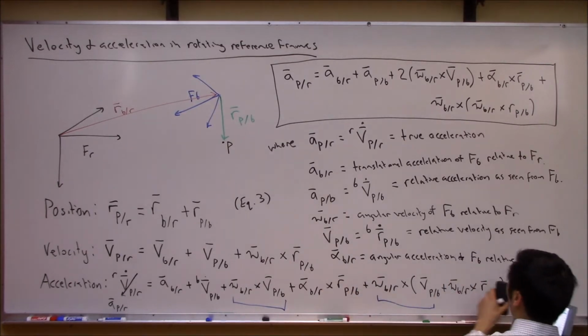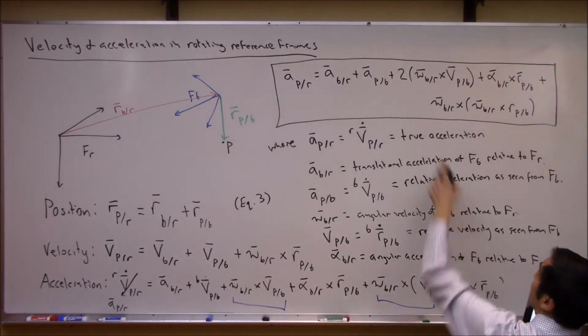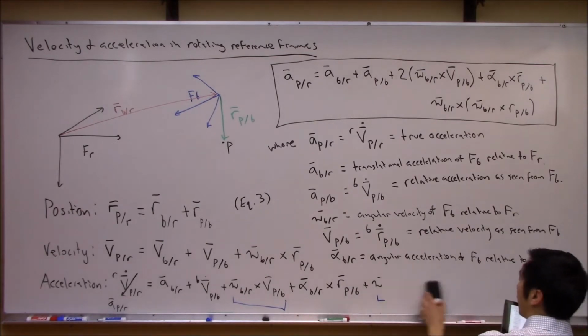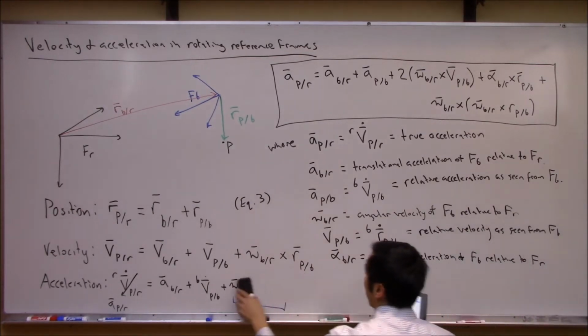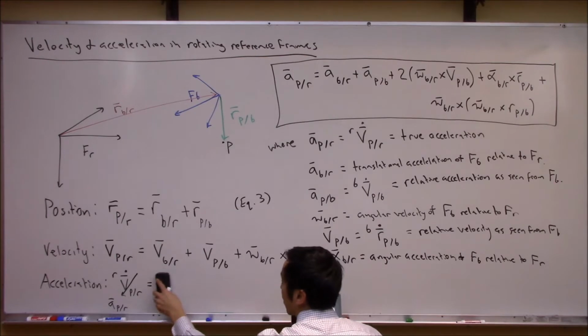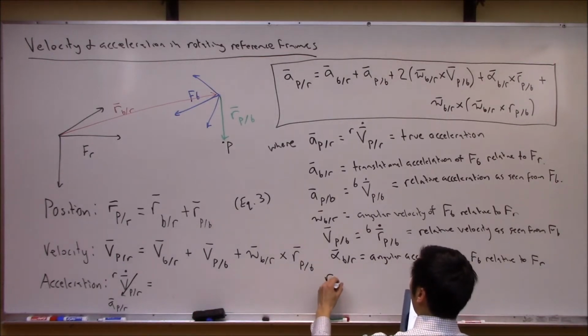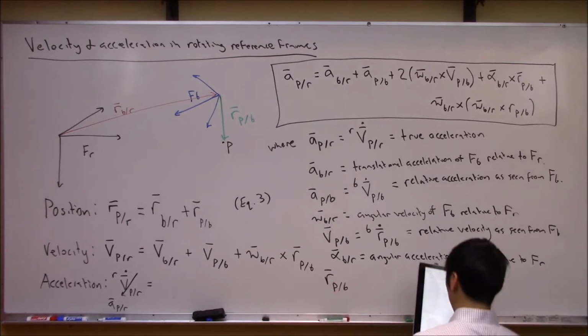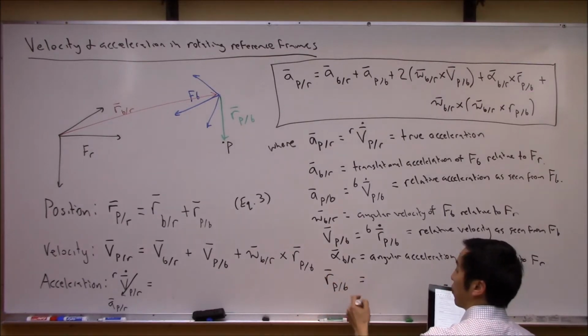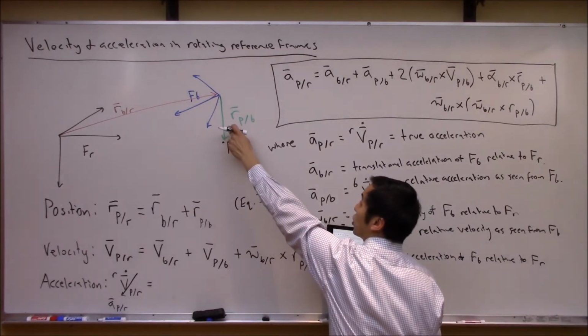I'll tell you what, let's erase this bottom line here because we don't need it. We already have the better version, or the exact same version but cleaned up and simplified, so I'll get rid of this. The last thing we have here is R_P with respect to B. This vector was pretty clear; it went all the way back to the original diagram.